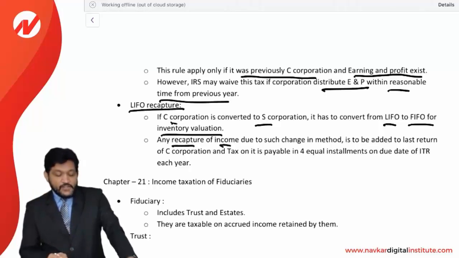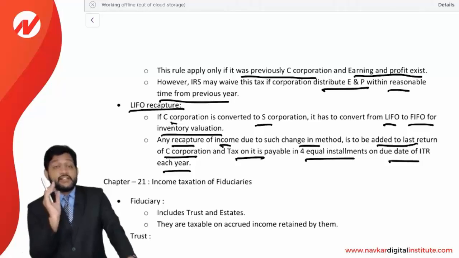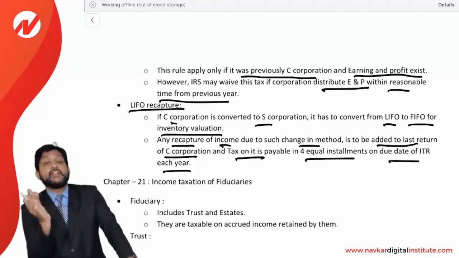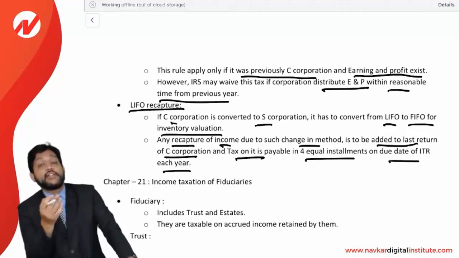Any recapture of income due to such a change in method is to be added to the last return of the C corporation, and the tax on it is payable in four equal installments on the due date of the return of each year. Whatever adjustment there is, it is to be included in the last return of the C corporation. Look at this, C corporation. The tax on it will be paid in four installments by the due date of each year.